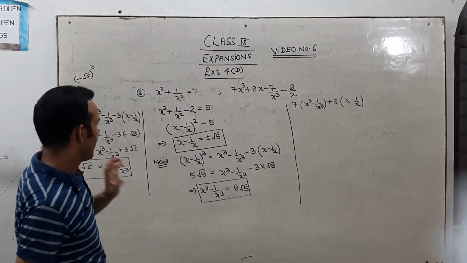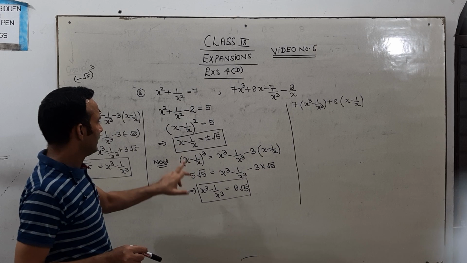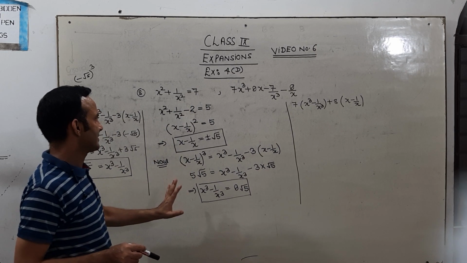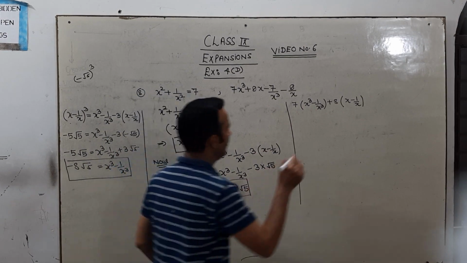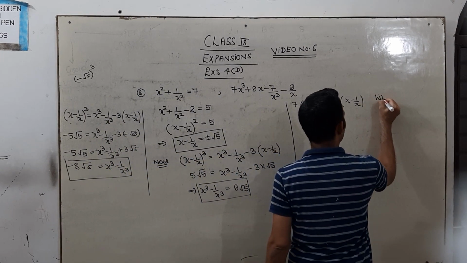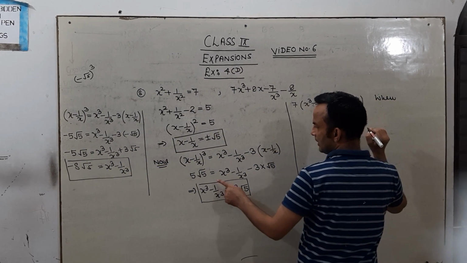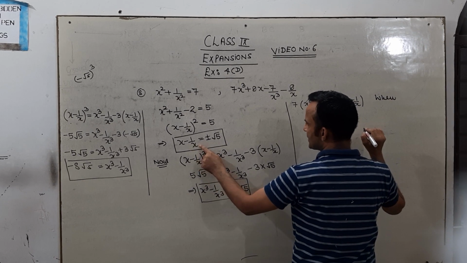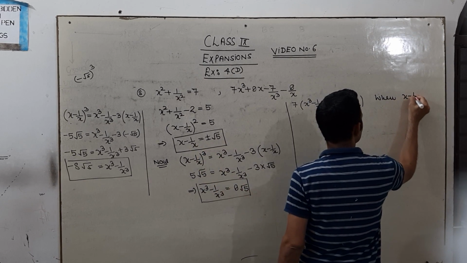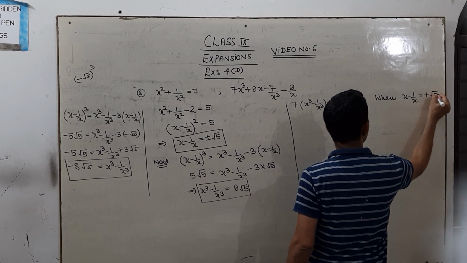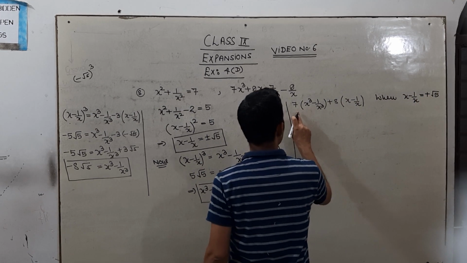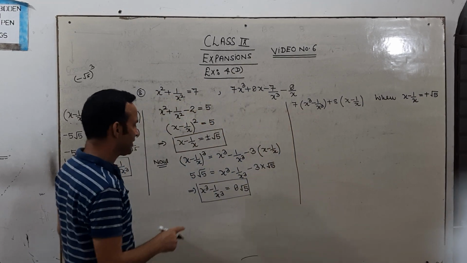Now see, when the value of x minus 1 upon x is plus root 5, see, 7 times of x cube minus 1 upon x cube.